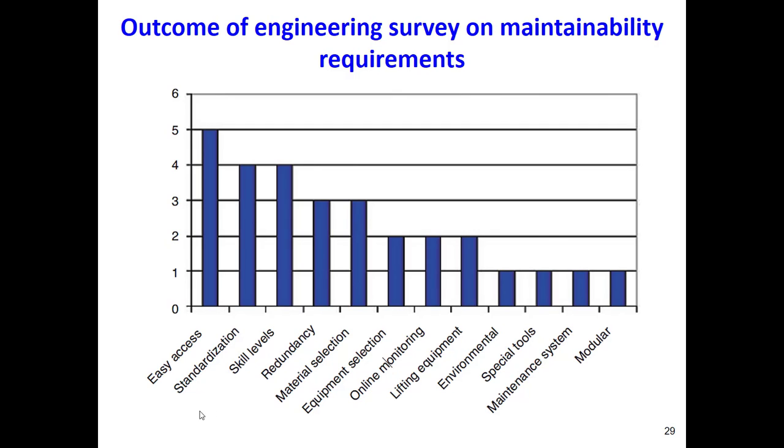Let's say we need to know how easy it is to have access to the equipment, if it is standardized equipment, what the level of skill is that we need to maintain that equipment, how often or after how long of usage it will fail, and whether the material that is used is expensive or cheap. Also the selection of the equipment, online monitoring potential, the lifting equipment that is needed, the environmental impact, some special tools to repair it, and the maintenance system that is needed.